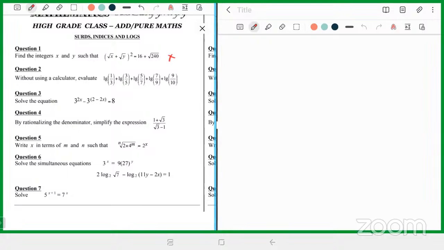We did this one yesterday, and we did this one yesterday. This one actually becomes -1. We did that one yesterday as well. So I'm going to start with this one.